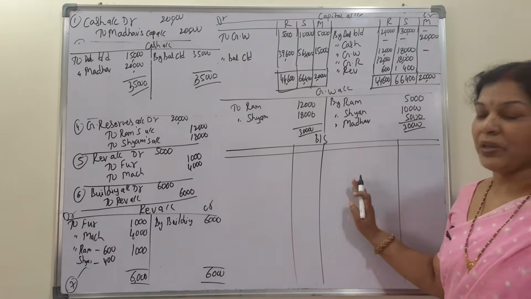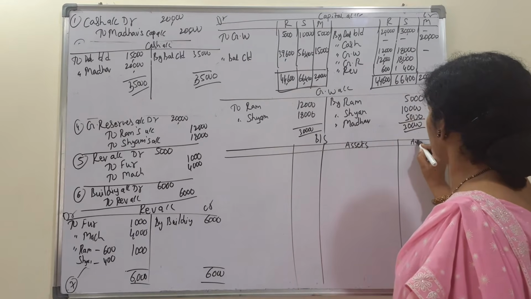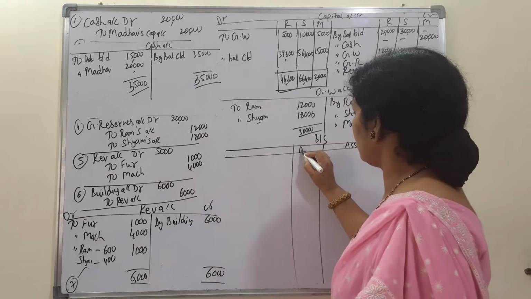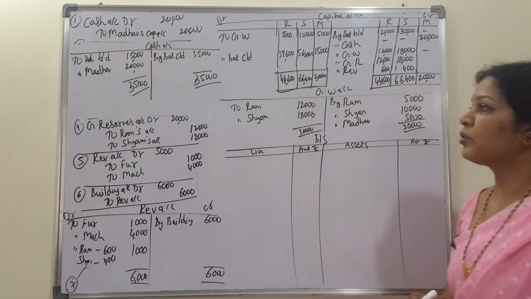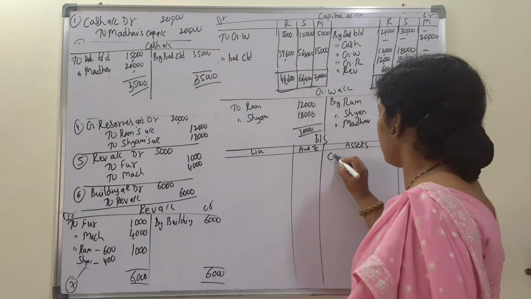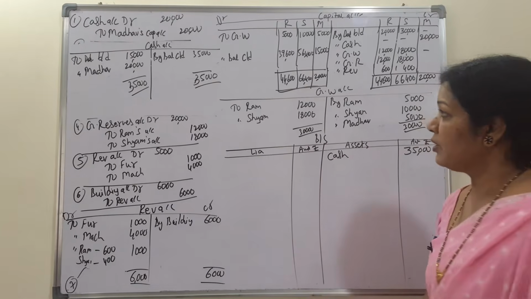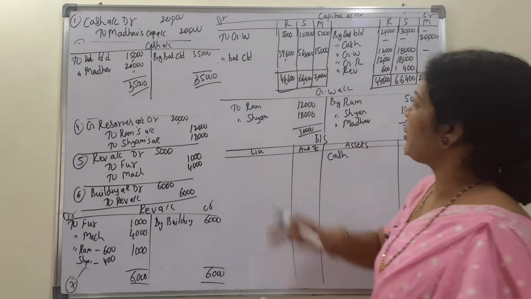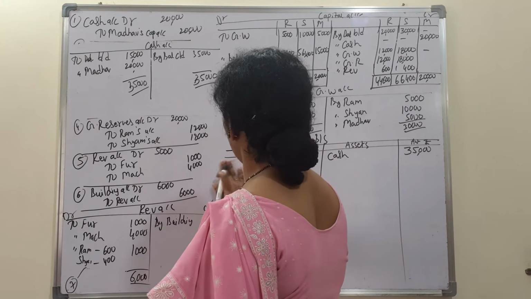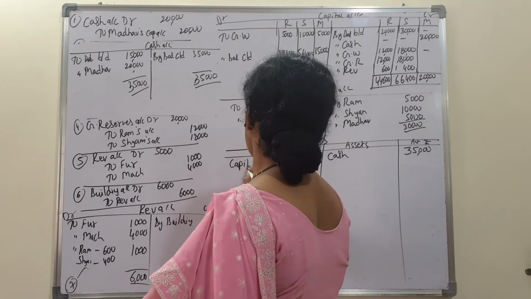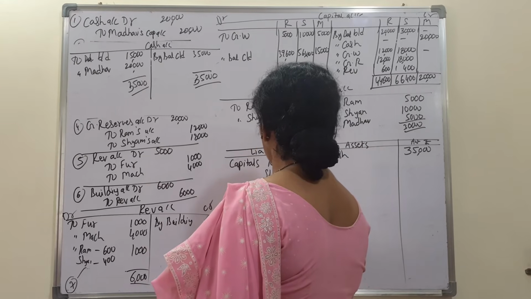So now the same cash we are going to write it in the balance sheet. Asset side, assets amount in rupees, and liabilities. So cash is here 35,000. Then after that we'll take the capitals first. So Ram, Shyam, Madhav.